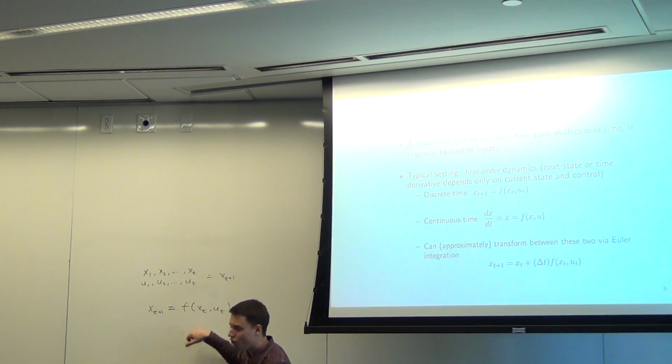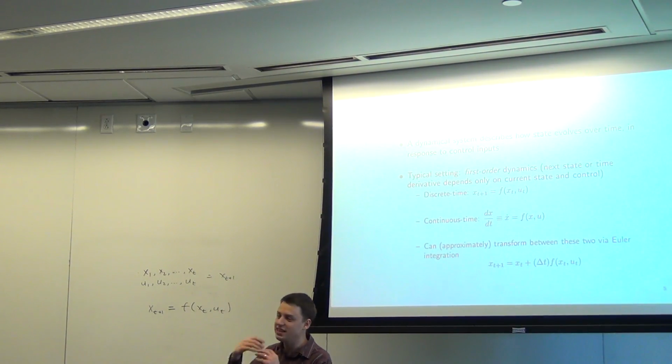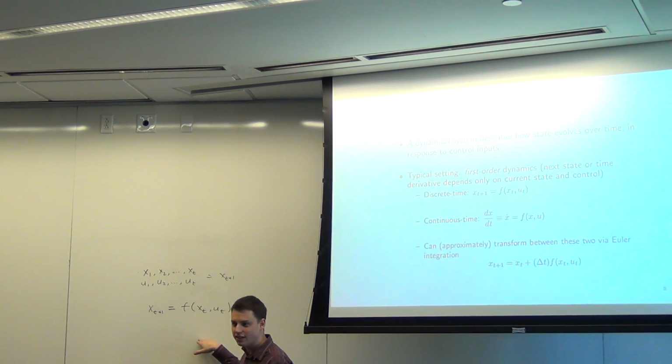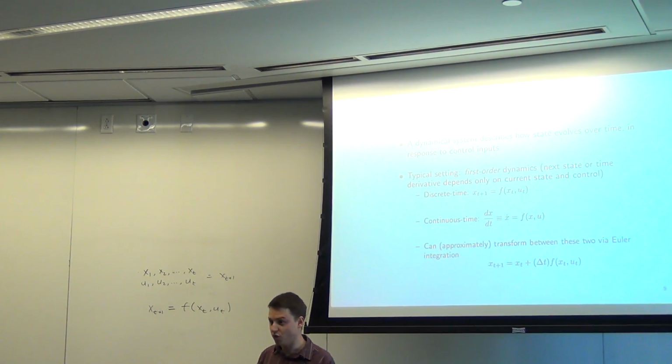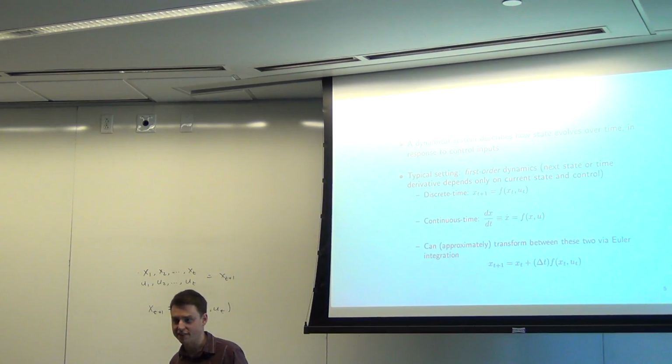In a first order system, state means all those things that tell you what's going to happen in the next state, but which you can't directly control. So these two things together tell you what's going to happen next, but these are the ones you can't directly set, and these are the ones you can directly set. That's the basic idea. At least in a first order system, you can think of state and control as almost defined that way.